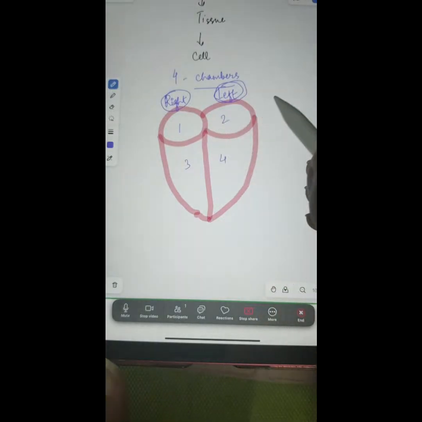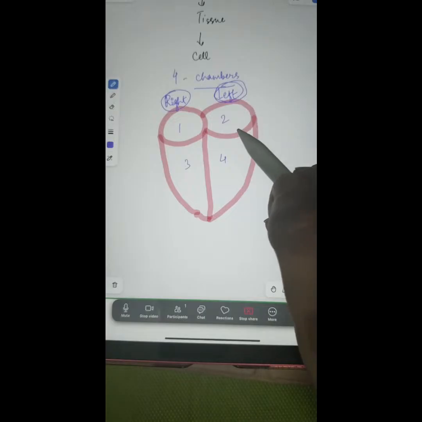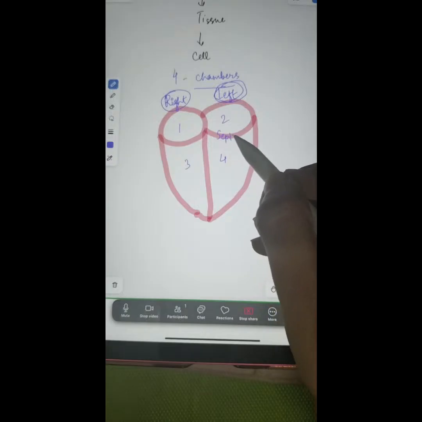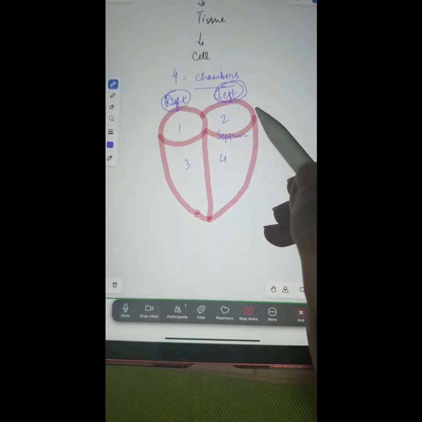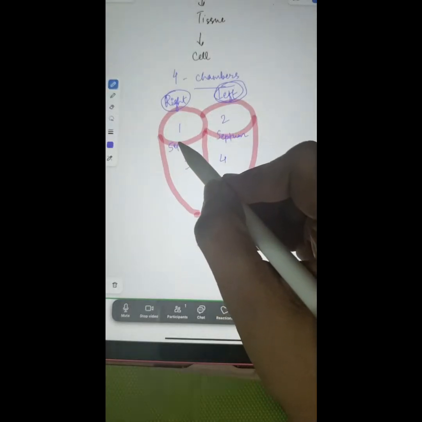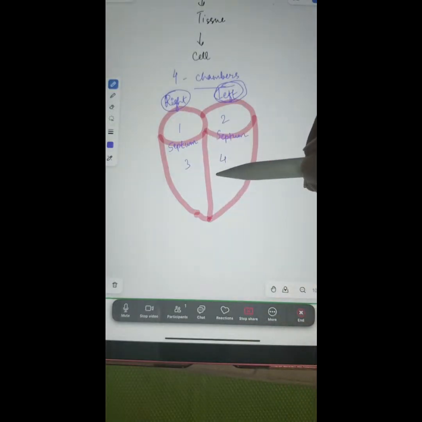So you can clearly see that we have four chambers or four rooms in our heart, and they all are separated by walls. If you see, room number 2 and room number 4 are separated by a wall. This wall is known as the septum. Similarly, between 1 and 3 we have a septum.